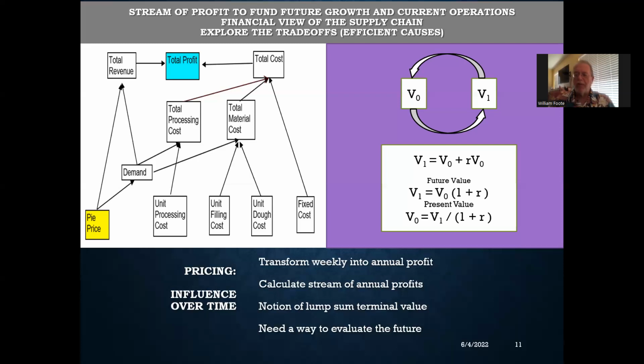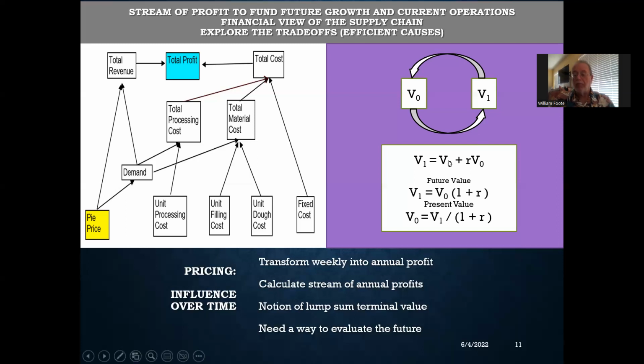But the notion of value comes out of this first equation, V1. How is V1 determined? Well, V0 grows into V1. That's how it happens.